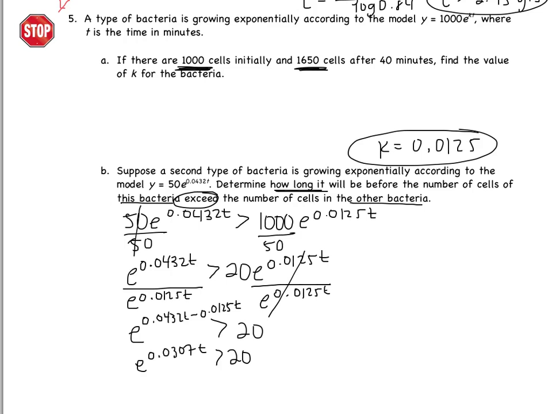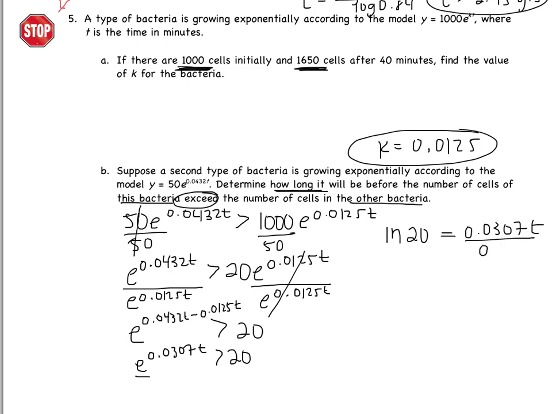Now, I kind of have hit a wall in terms of where I am at this point. I can't simplify anything else, so I'm going to have to switch to log form. It's log base e, which is going to be natural log of 20, and then 0.0307t. Now, we haven't used any inequalities when it comes to logs, so I'm going to just change this to an equal sign. And then I'll change it back to an inequality at the end.